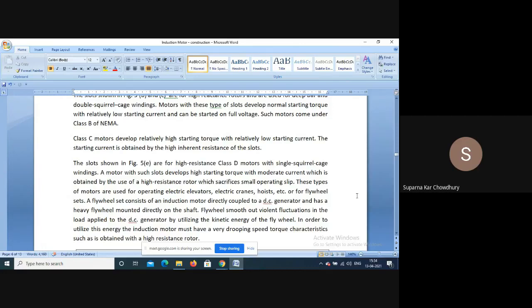So the characteristic will be for a high resistance only. It will not shift with the frequency. This type of motor is used for operating electric elevators, electric trains, hoists, etc., or flywheel sets.